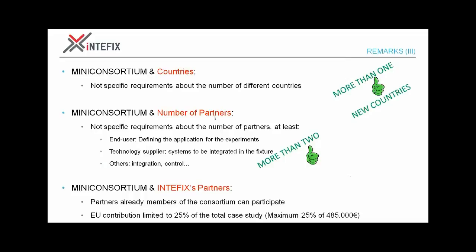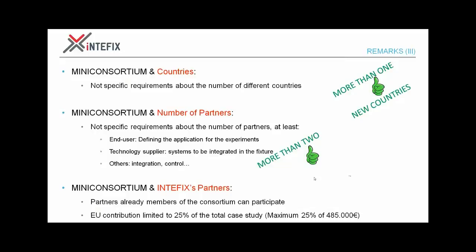Regarding the number of partners, it's the same. There is no specific requirement, but there should be at least 1 end user and 1 technology supplier. There could also be other profiles, like companies dealing with the integration of the different systems in the fixture or with the development of the control. A reasonable minimum is 2: an end user and a technology supplier.